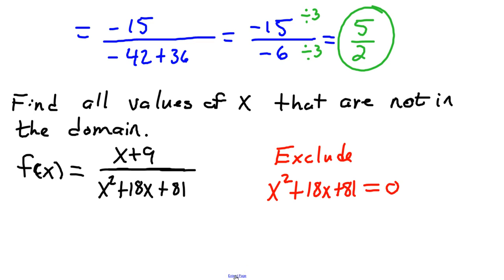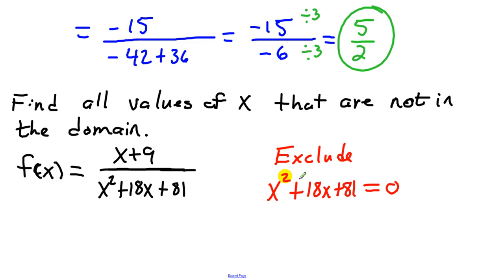Now I can't remember if we mentioned this last time, but if you start solving equations and your highest power is x squared, that means you're looking for two answers.